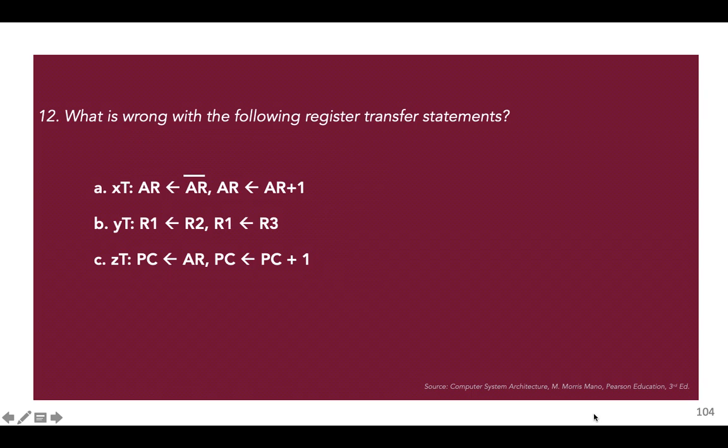If you remember, I mentioned several times already that whenever a register transfer statement is given separated by a comma in a single line, it means that these two operations are happening simultaneously. So now let's find out what's wrong with each of them.